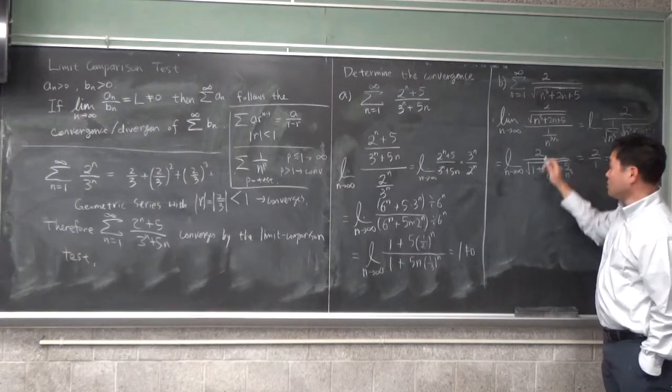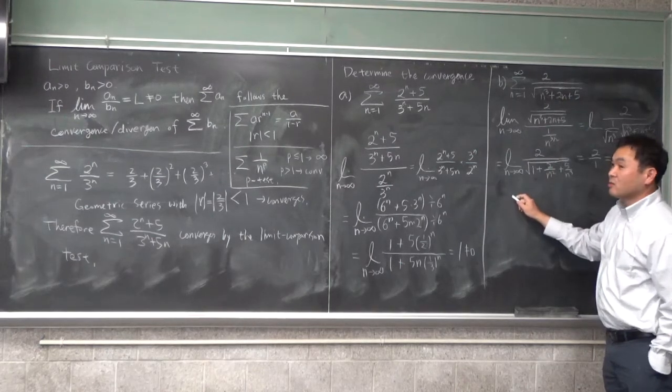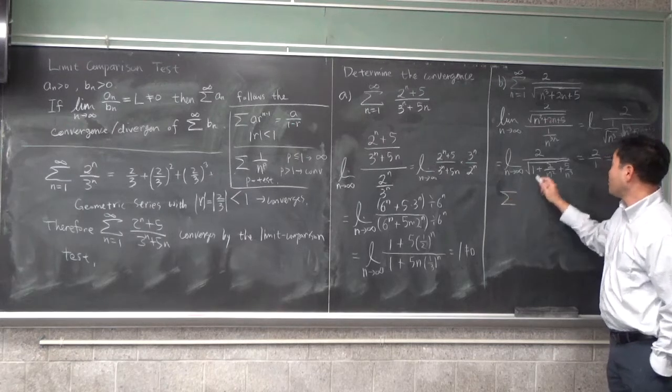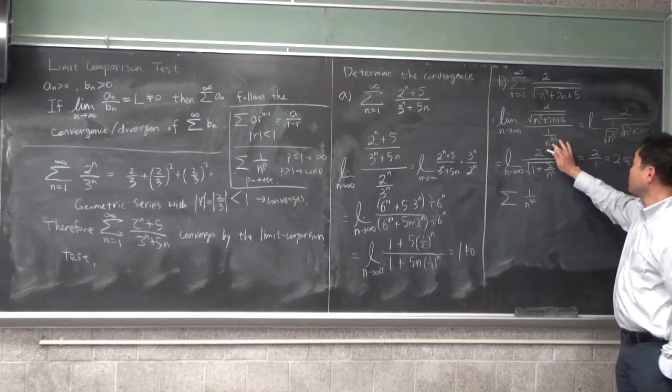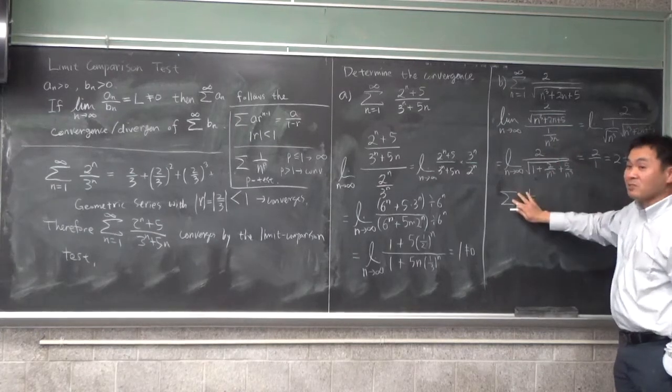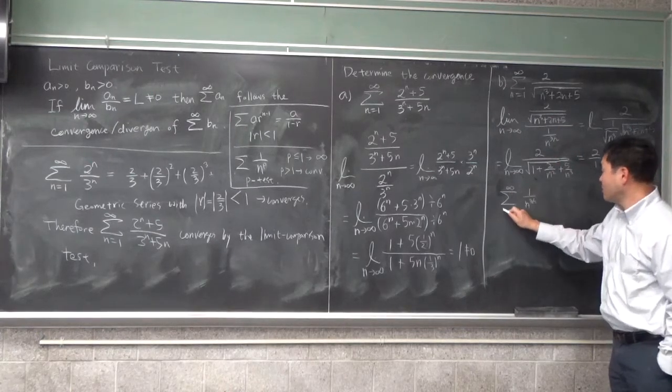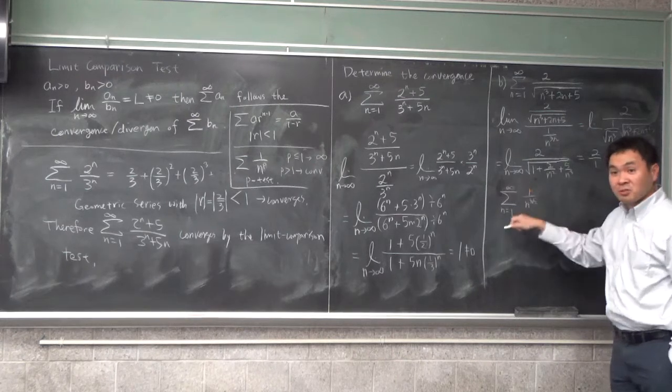Since it meets the condition for the limit comparison test, now we know that the convergence or divergence of this series follows the convergence or divergence of this series. Okay. So you turn this sequence that you compared with into a series, an infinite series. Infinite series means you put the sigma here.